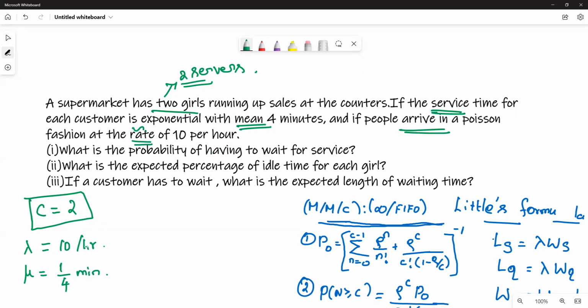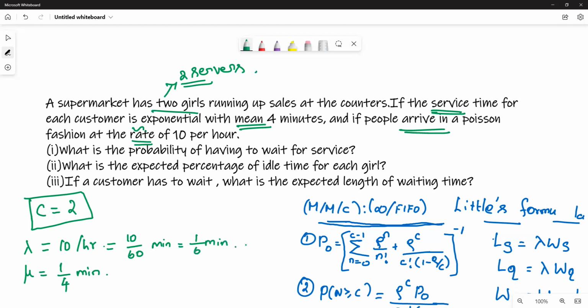So here in the problem, the arrival rate is given in terms of hour, and service is given in terms of minute. So we have to convert both to the same unit. Either we convert both to hours or to minutes. Okay, we'll convert the arrival rate to minutes. So 10 per hour is nothing but 10 divided by 60 per minute. That is 1 by 6.